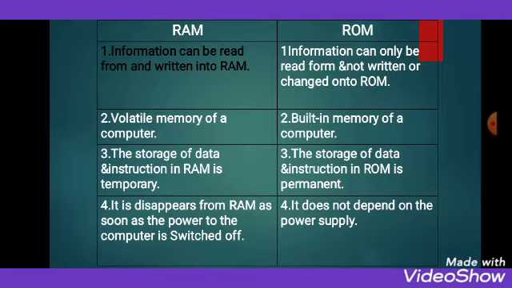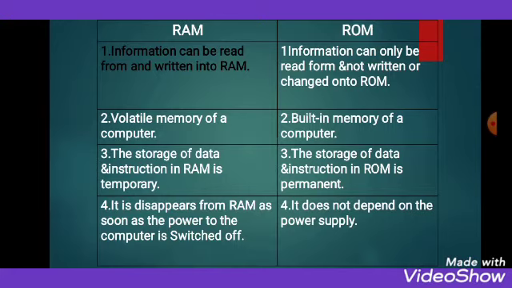Number 3: the storage of data and instructions in RAM is temporary. Data and instructions are temporarily stored in the RAM, whereas ROM stores data and instructions permanently. That is, if you want, you cannot change the information.